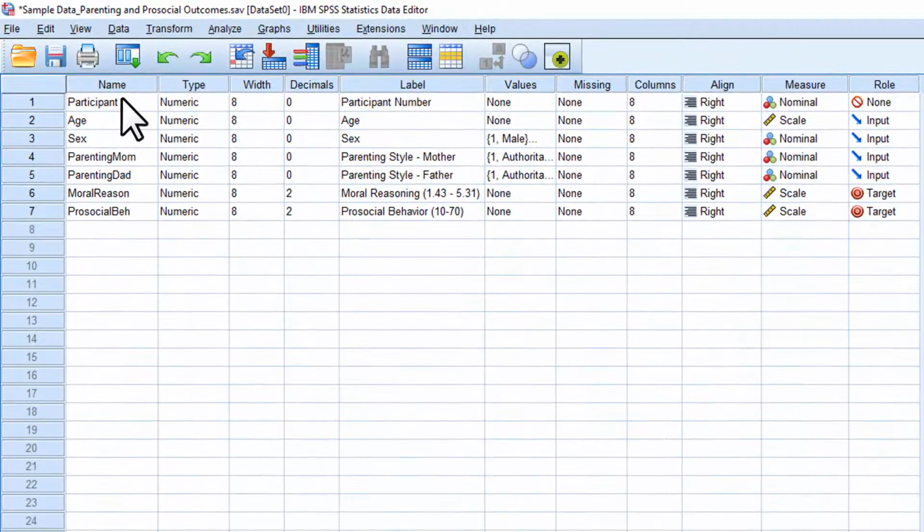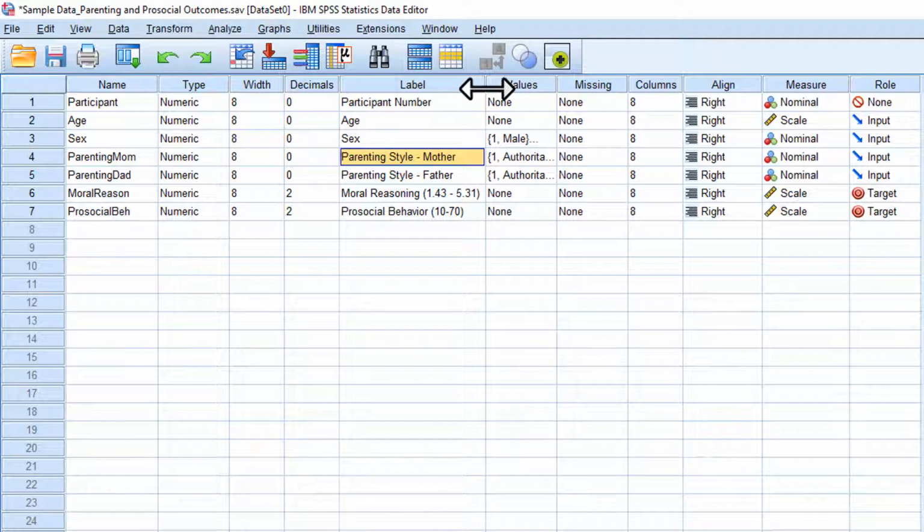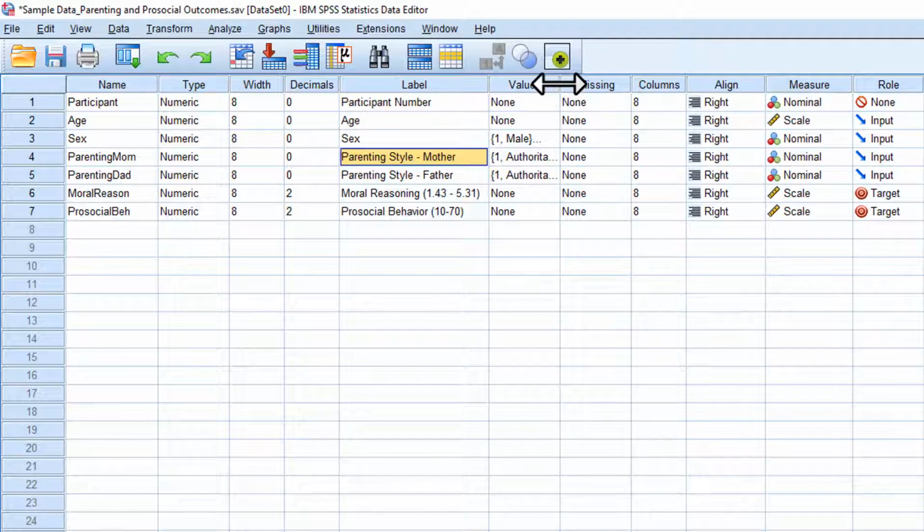Make sure that your variables are named properly and that the decimal places cover all the values possible for each of the variables. You may use the label column to have the full name of each of the variables so that it would help with the interpretation.